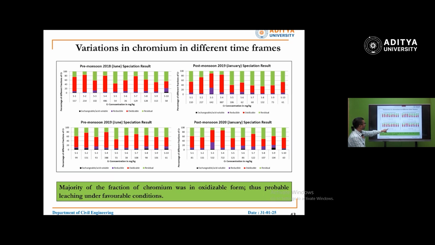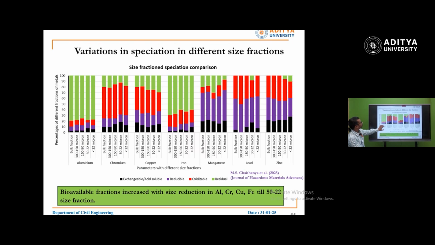Also, as you can see, for this sample the chromium concentration varies from 300 to 800 milligram per kg, where the limit for chromium is only 60 milligram per kg. So you can identify the intensity of chromium contamination in the study area.